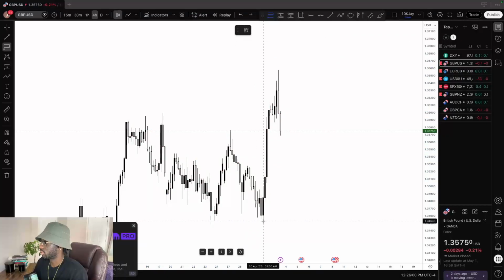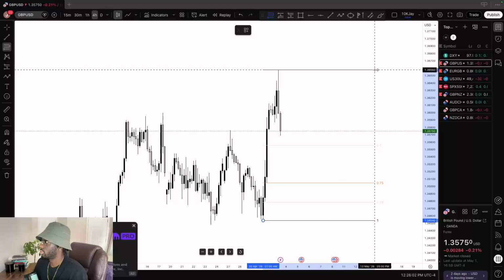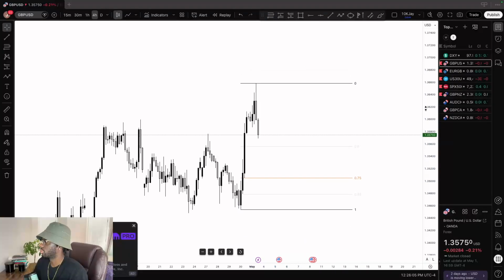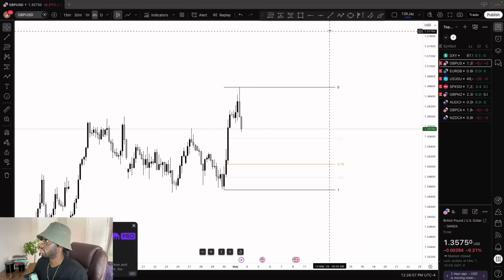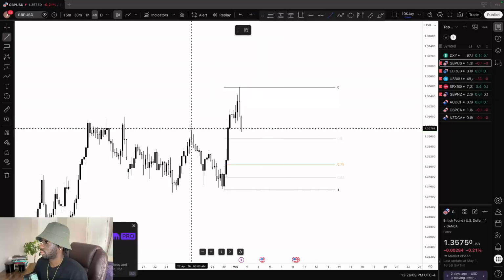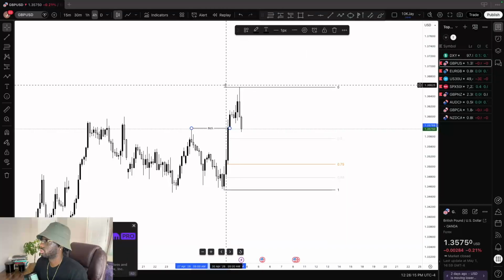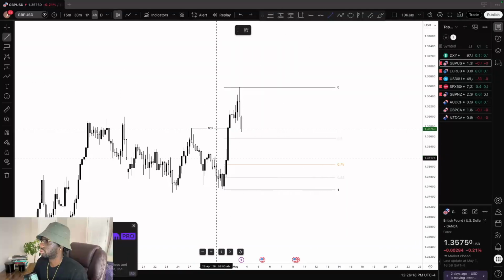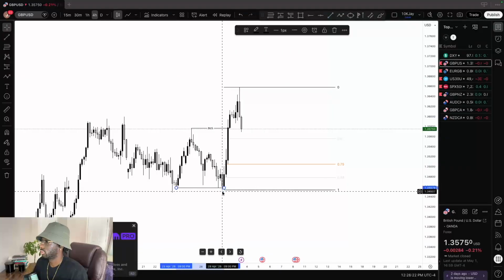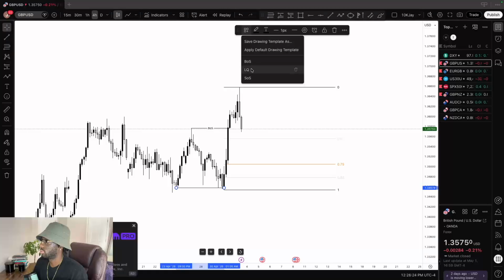Fibonacci from the swing low, swing high. Break of structure. Liquidity sweep.